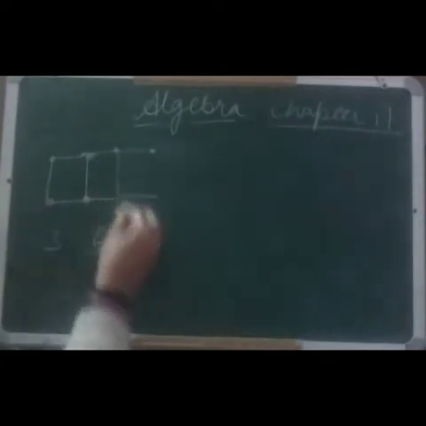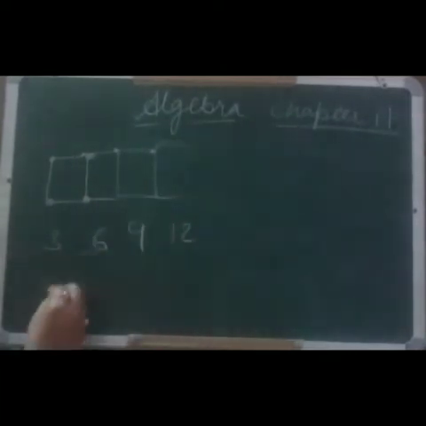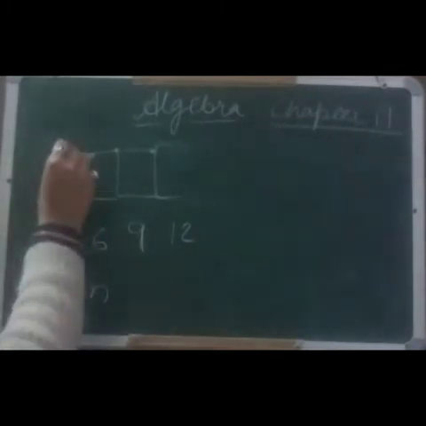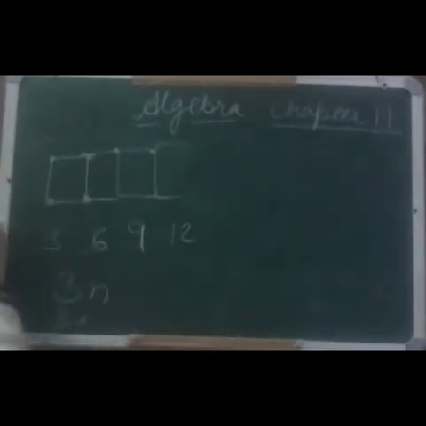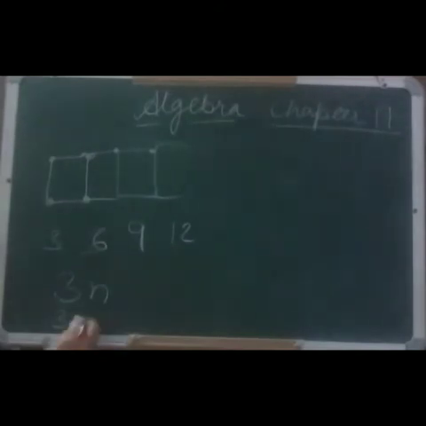Then 9, then 12. Means the rule we are getting here is 3n. 3 is the number of matchsticks in one pattern, and this n means number of C. Got it? So this is 3n.